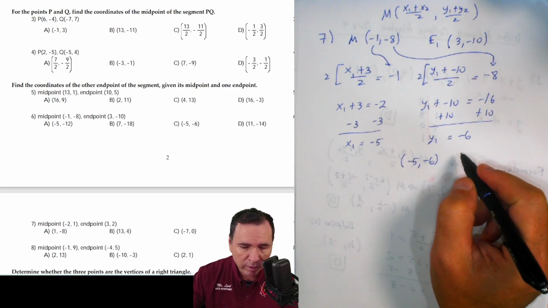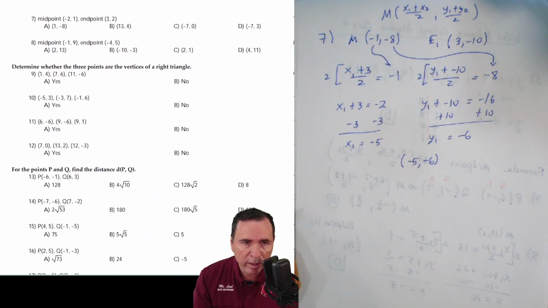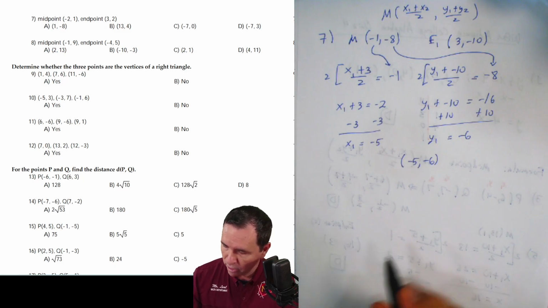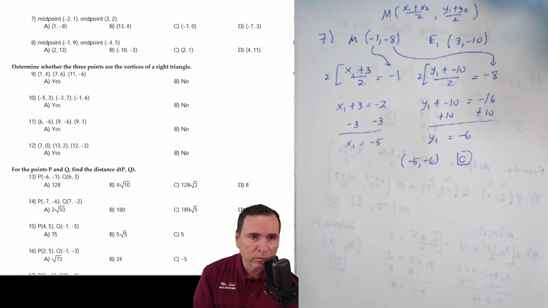Where am I? Over here. Let me move this up a little bit. I'm on number 7. So the answer is answer choice C. Or am I doing a different one?